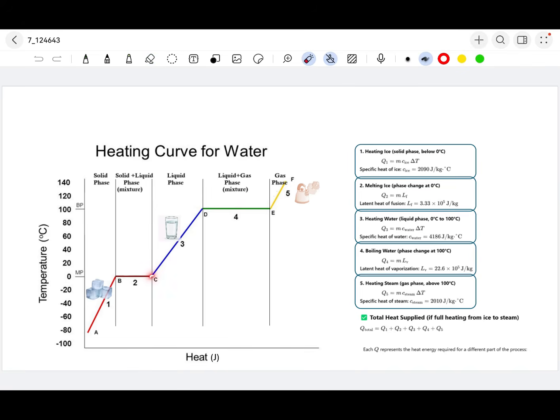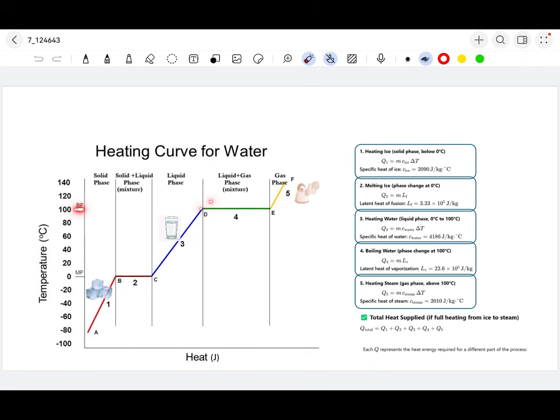Here we have 100% water. From here to here, whatever heat energy is supplied to the water is utilized in increasing the kinetic energy of the molecules, or you can say in increasing the temperature of the water till the boiling point.